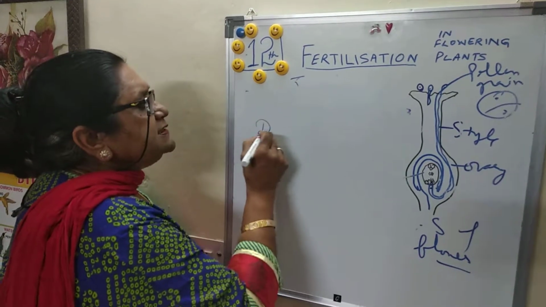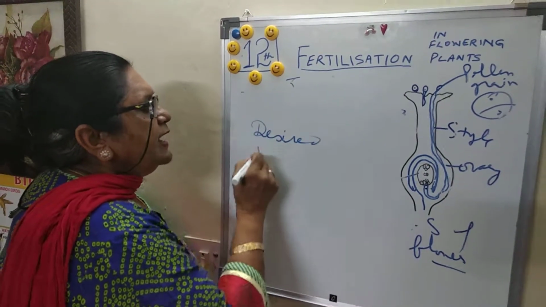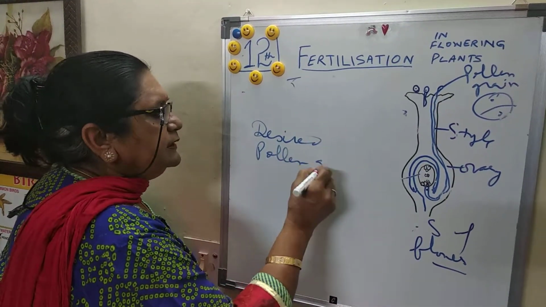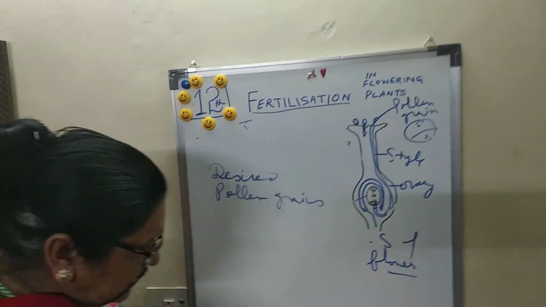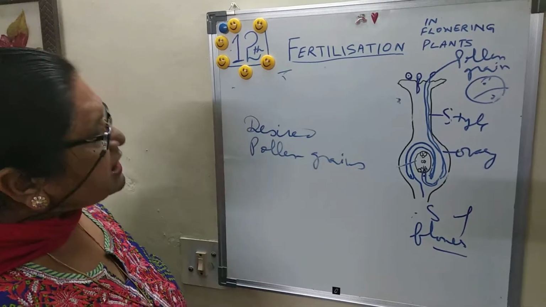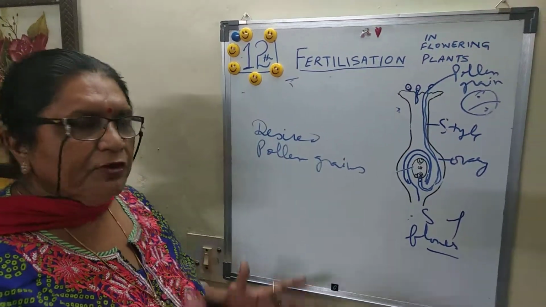In this case, desired pollen grains, or pollen grains with healthy characters, are used artificially. The stigma is protected from contamination.